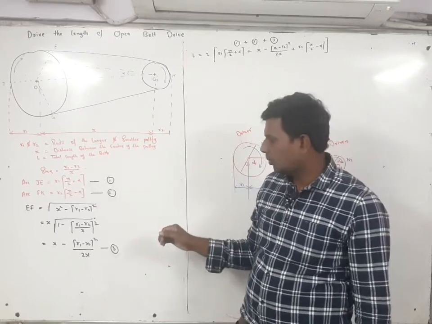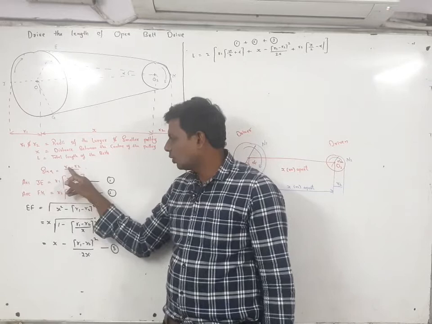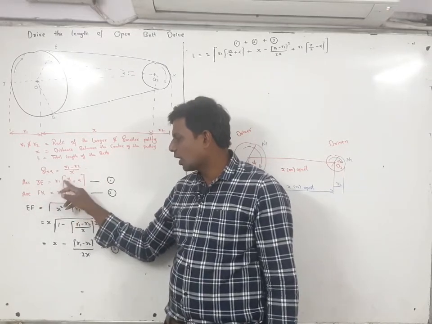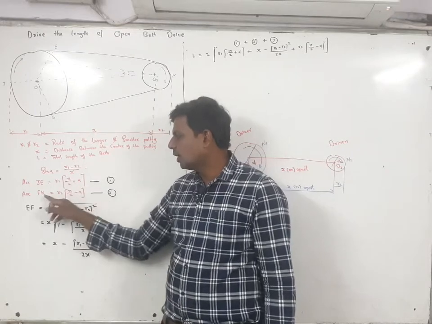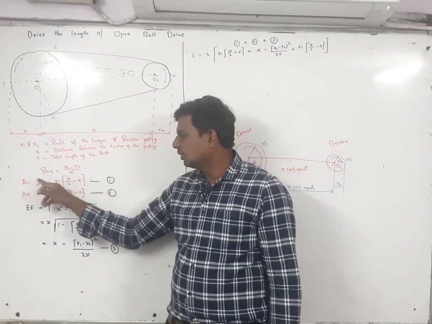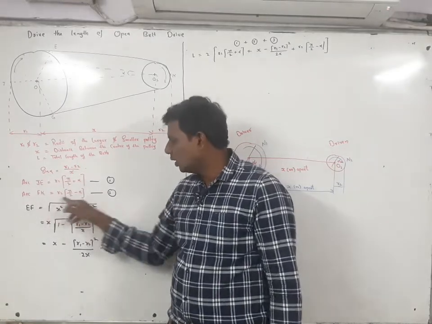So better to remember this: sin alpha is equal to (R1 minus R2) by X, JE is equal to R1 (pi by 2 plus alpha), and FK is equal to R2 (pi by 2 minus alpha). This is for JE and this one is for FK.